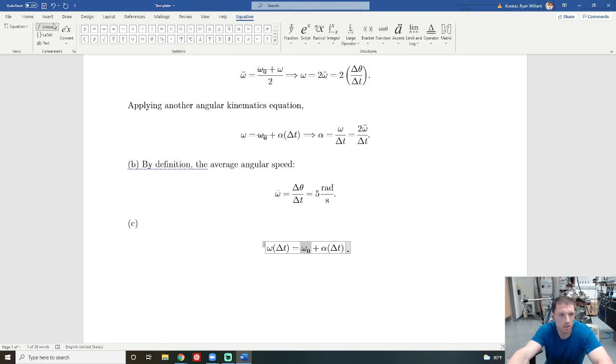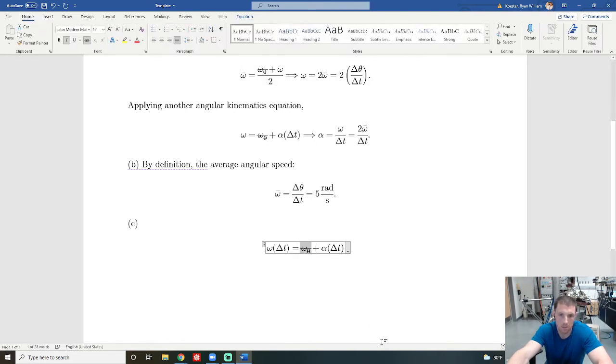And actually this does look a little confusing because I'm saying that this is alpha times delta t, but this is omega at, so let me make this a little bit clearer. I'm going to write omega at t equals delta t. Okay, hopefully that is good. And then we have alpha from the previous part, and we know delta t is just the 5 seconds. So this will give you the answer for C.